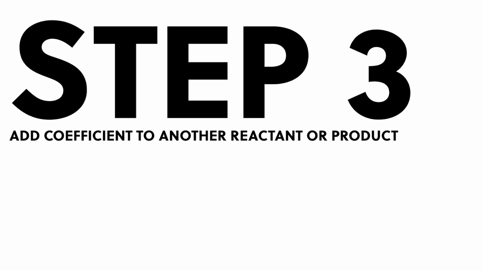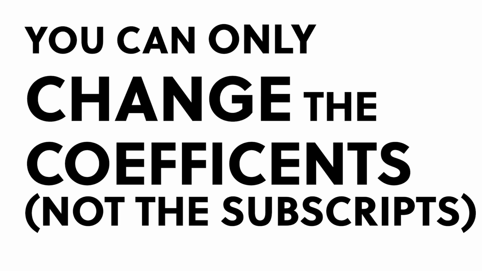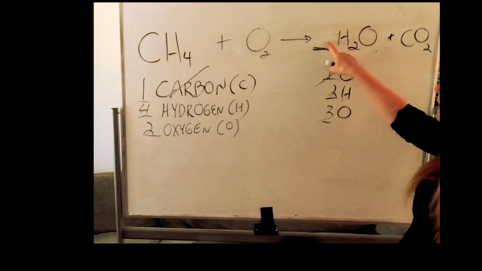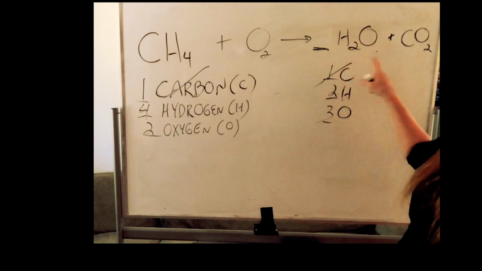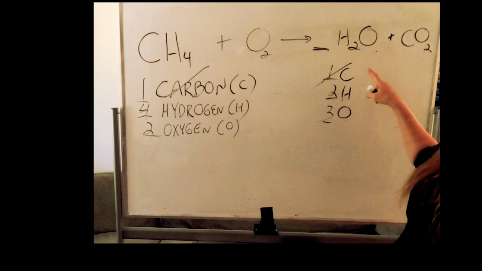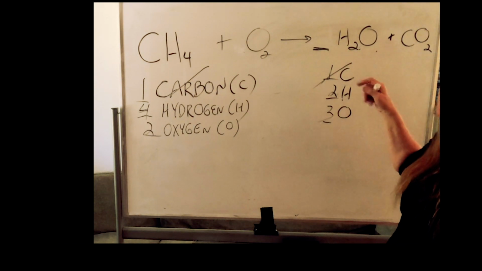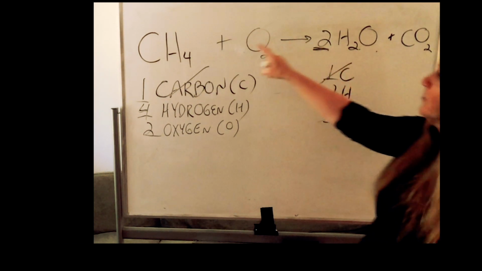So there's 4 over here, there's 2 here. What number do you have to multiply times 2 to get 4? We know that's 2. So now we have 4 hydrogens over here, and we have 4 hydrogens over here.